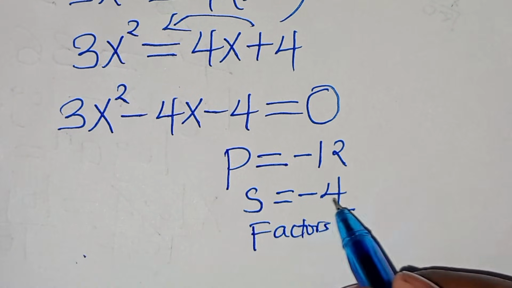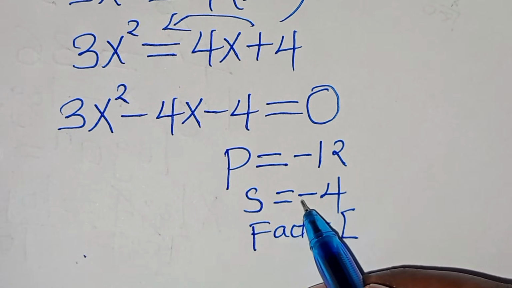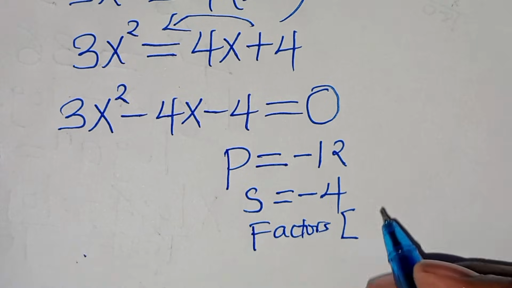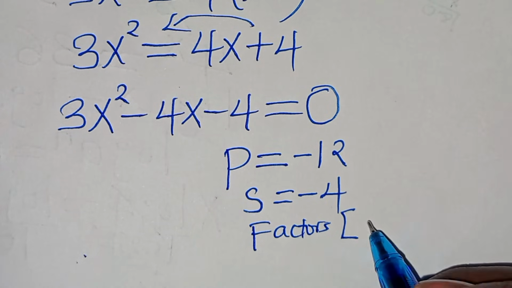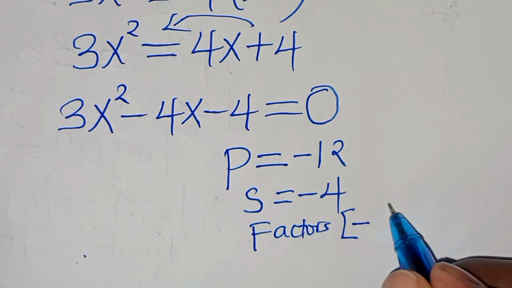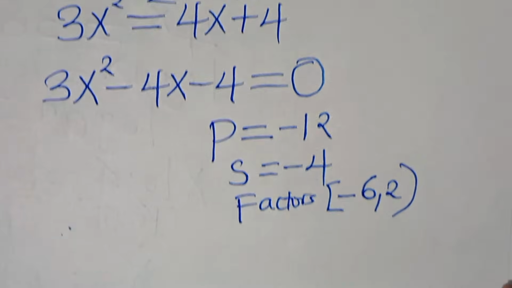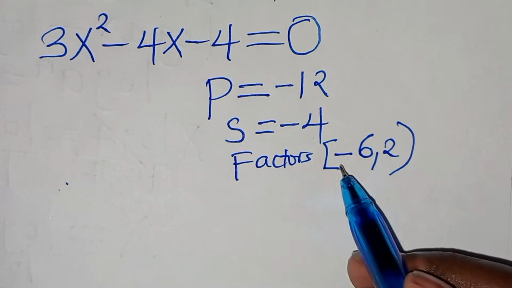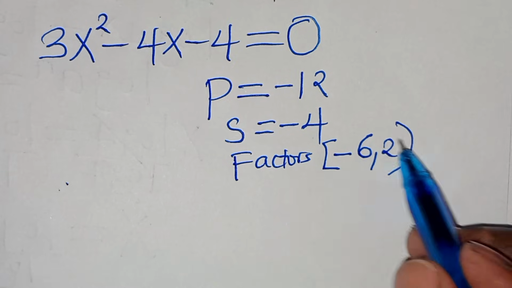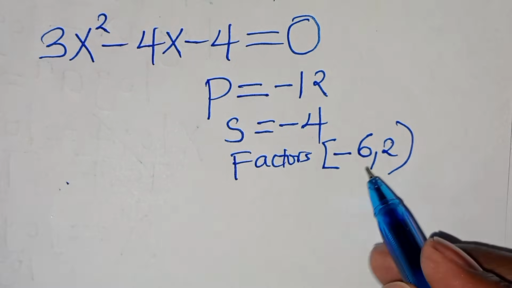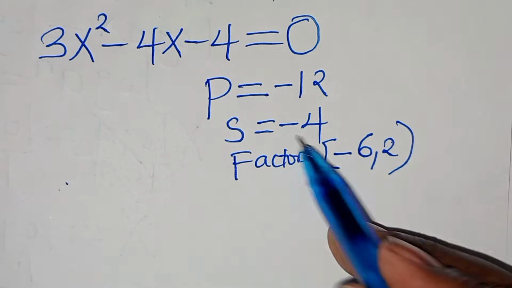If we sum those two factors, we need to have a sum of minus 4. So this is actually minus 6 and 2. So these are the two factors. Substituting these two factors here, minus 6 times 2, this is minus 12. Minus 6 plus 2, this is minus 4.